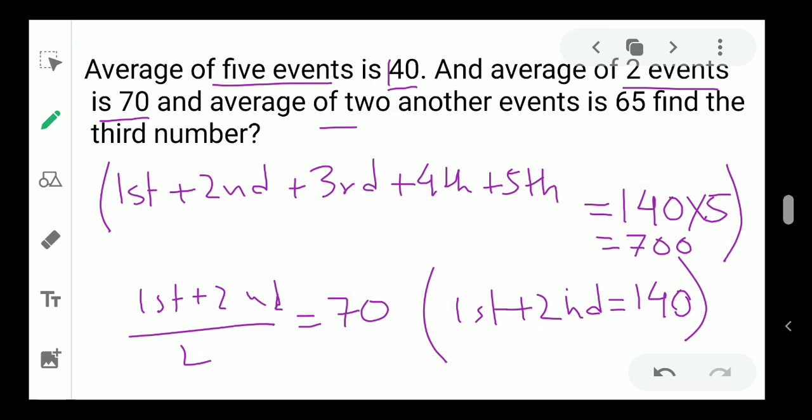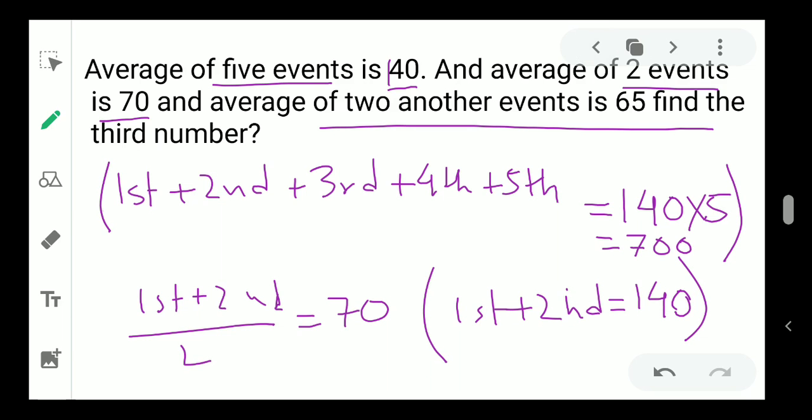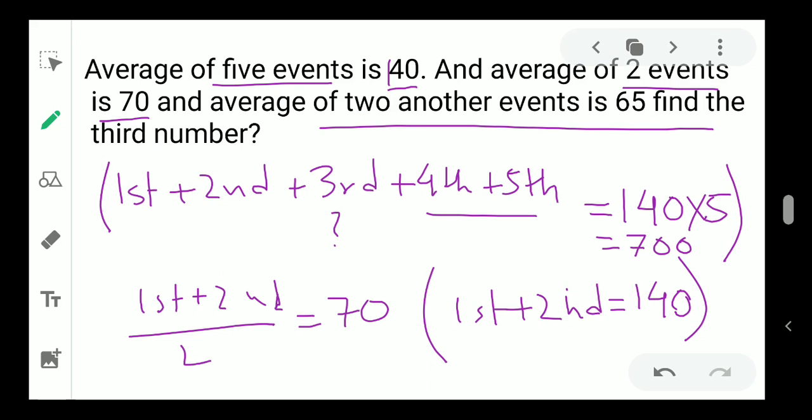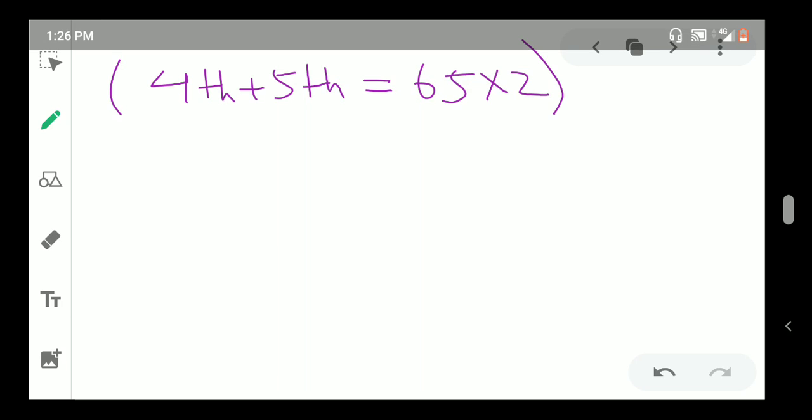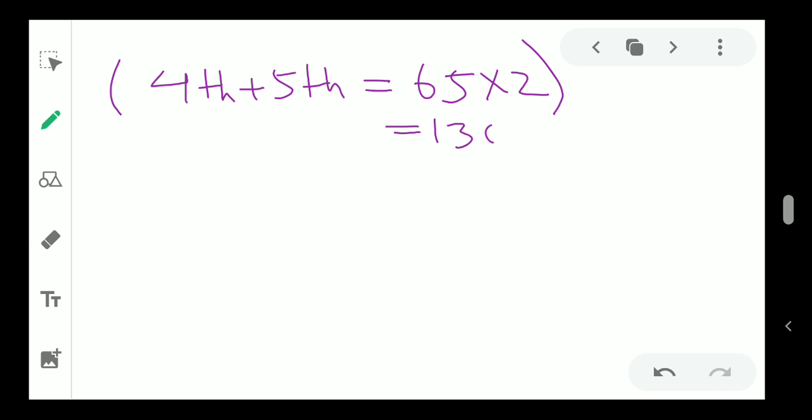The average of another 2 events is 65. So the total of another 2 events, let's say this is our 4th and 5th, because the third number is asked, so this I have to find out. So let's say the total of 4th and 5th is the average into number of items. So average is 65, number of items is 2, so 65 into 2, that is 130, right?